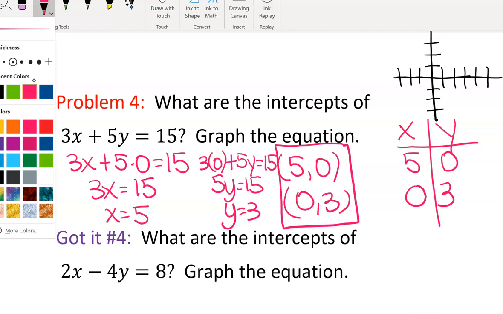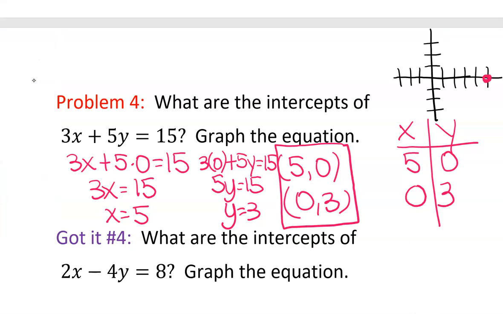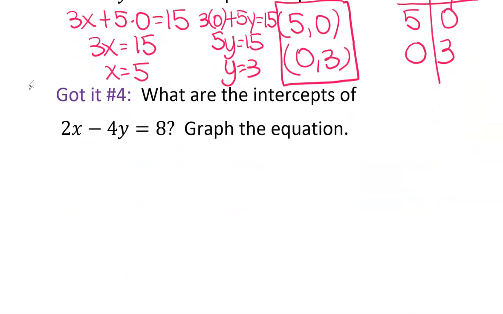So 1, 2, 3, 4, 5. We'll put a dot right there. The other is 0, 3. So we'll put a dot right there. And then you draw them in. That's it. So graphing those, one's going to be on the x-axis, the other's going to be on the y-axis, and you just connect them. Make sure you extend your line through each point.